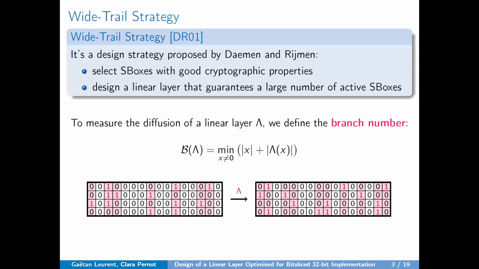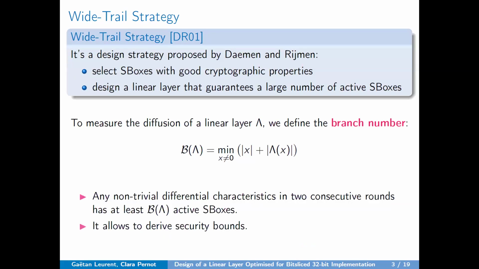So here the weight of X is 7 and the weight of Lambda X is 10. So the branch number is exactly the minimum number of active S-boxes on 2 consecutive rounds. So it will allow us to compute some security bounds on the cipher. So the goal is to maximize the branch number.